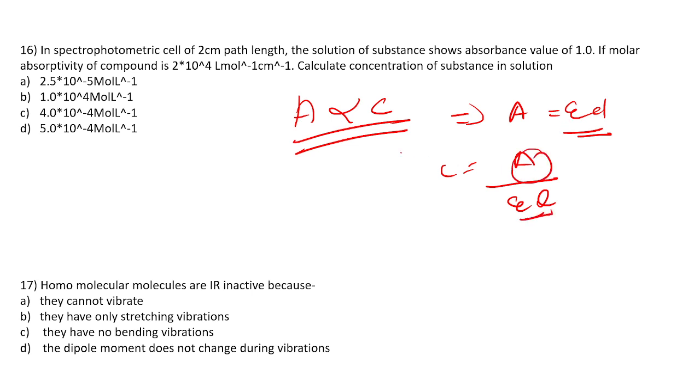Absorbance is given as 1. The epsilon value is given as 2 into 10 to the power 4. The path length is given as 2 centimeter. It is easy to calculate. After calculation, the answer comes out like this.